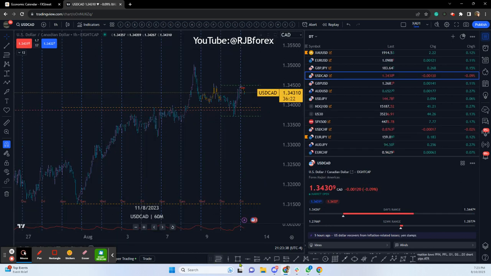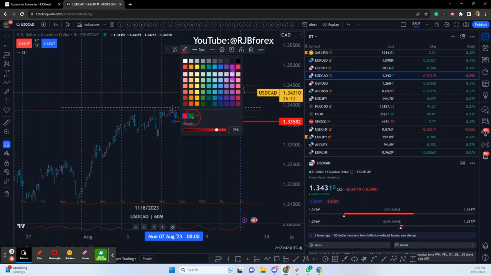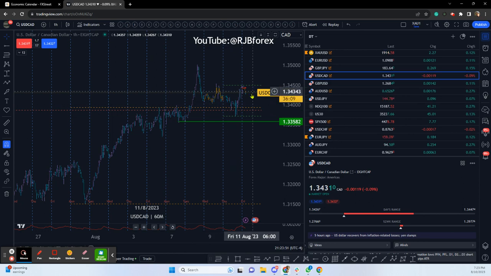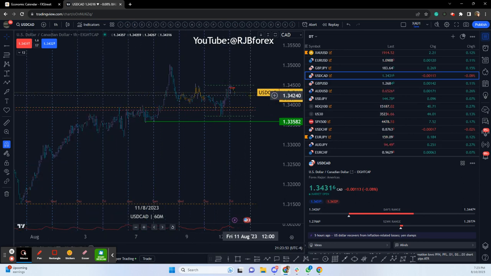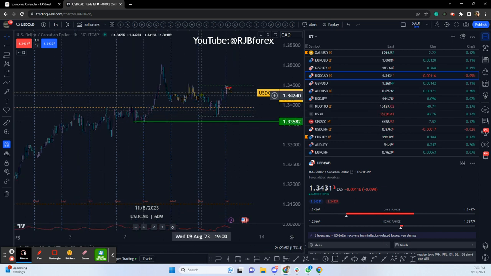With dollar CAD, we are still in a bullish trend. We haven't broken the swing low, and we are day 2 of the 3-day cycle. This was day 3. We've got a move up.